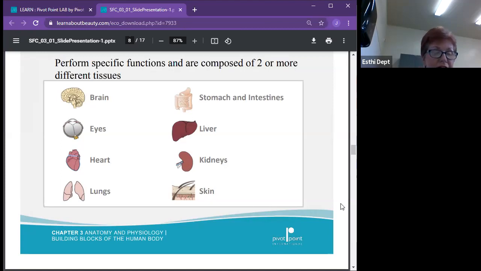Your eyes are going to control vision. Your heart is going to circulate blood. Your lungs are going to supply the blood with oxygen so you can breathe.